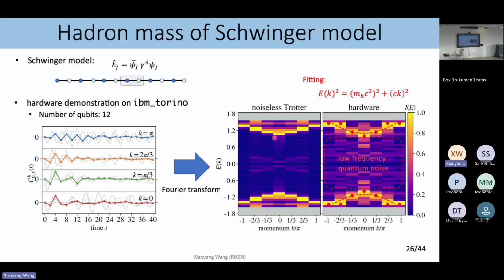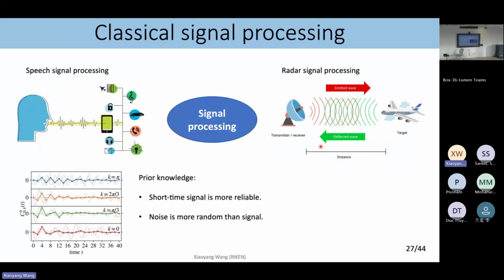And to reduce this low frequency quantum noise, we additionally introduce this classical signal processing method. Classical signal processing is frequently used in many fields, for example, including speech signal processing or radar signal processing.